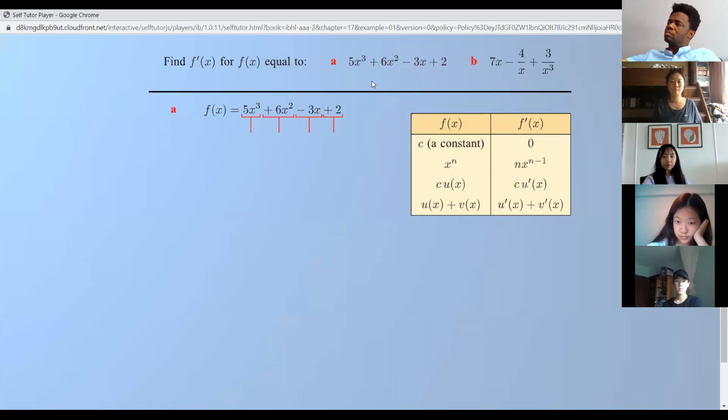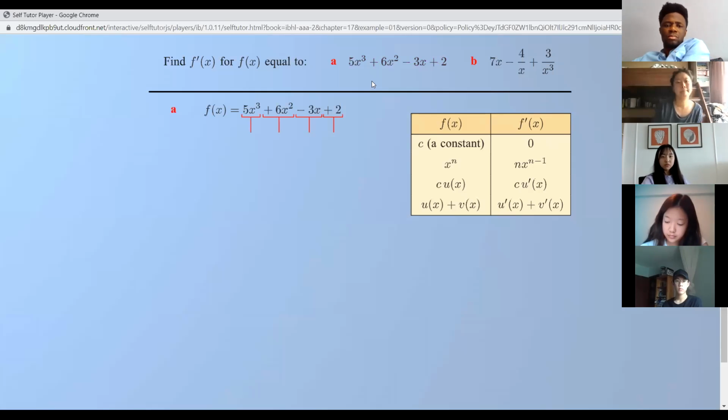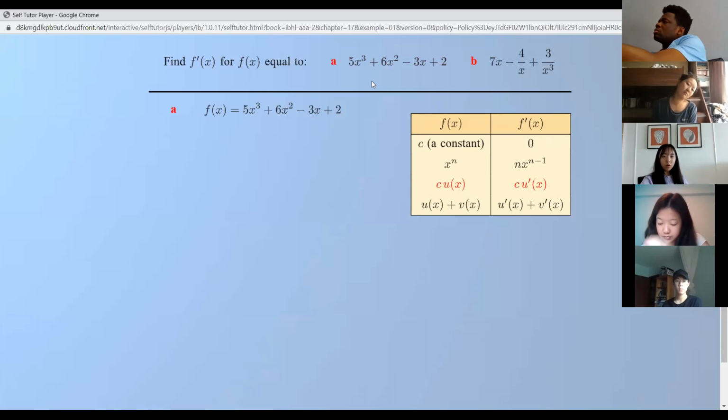Notice that each term involves a constant multiplied by a power of x. To differentiate these terms, we can write the constant in front and then differentiate the power of x. So, to differentiate 5x cubed, we first write the 5 in front.